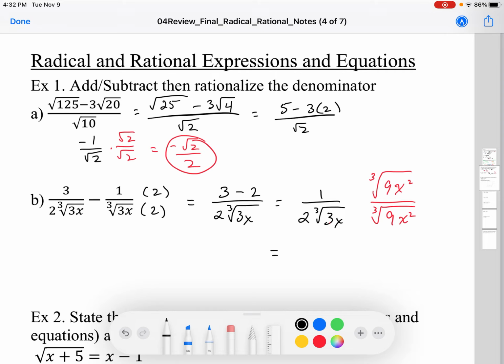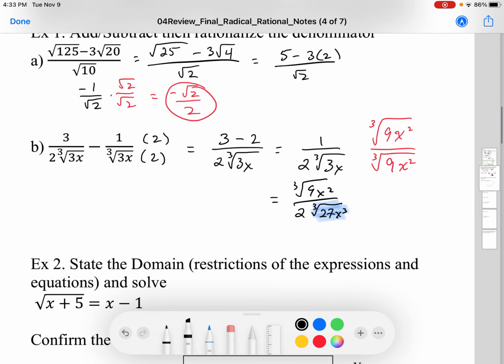I'm going to end up with the cube root of 9x squared. In the denominator, I get 2. And I'm going to end up with the cube root, and we can kind of skip this step, but I'm going to end up with a cube root of 27x cubed. Okay, well that is a perfect cube, so I can simplify that.